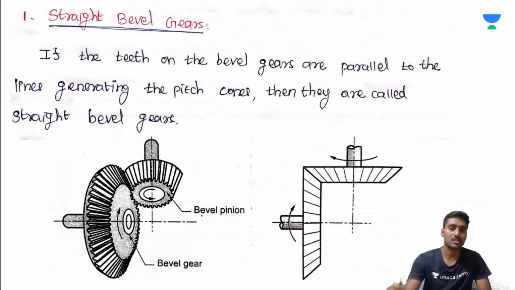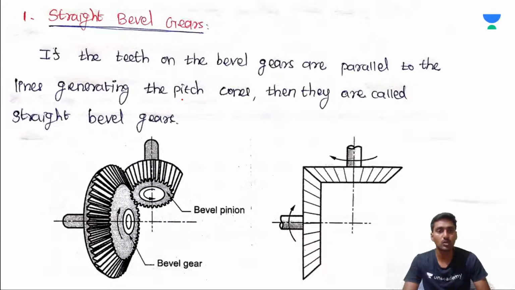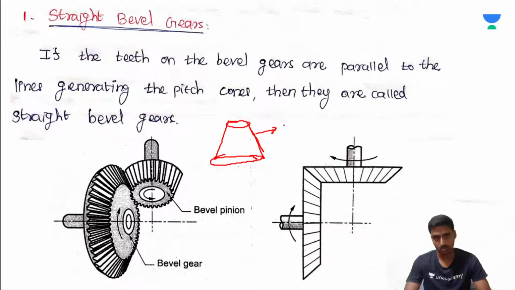Now coming to the straight bevel gears, if the teeth on the bevel gears are parallel to the lines generating the pitch cones, they are called straight bevel gears. That means if you consider the cone surface, it has a generator, a generating line.